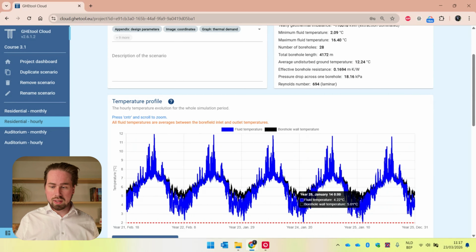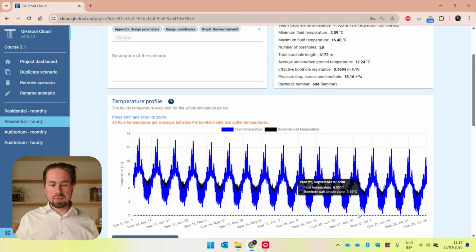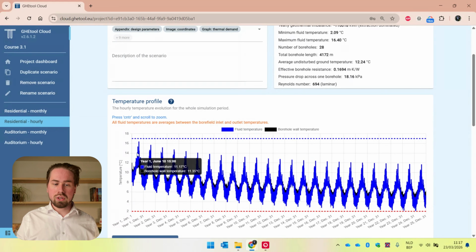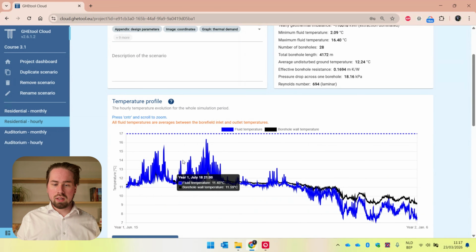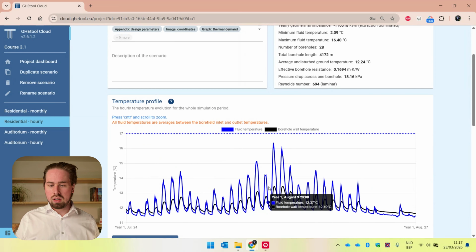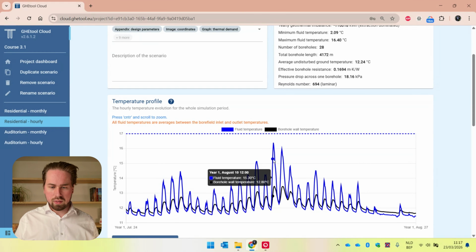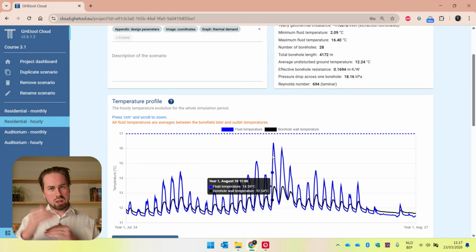And the same story is actually true if we go to our first year and we zoom in on the cooling demand. So here we have a maximum day, the 10th of August in this case, and we see that we only have a couple of hours where our peak value is at that high temperature. So probably 8 hours for cooling here is, again, a little bit an overestimation.